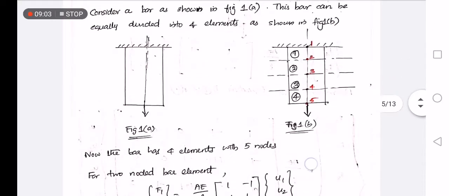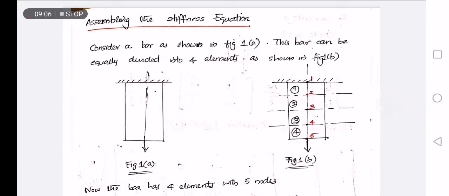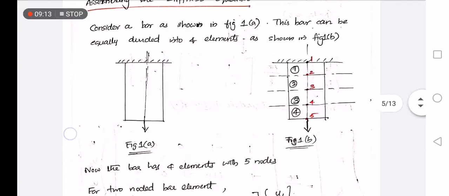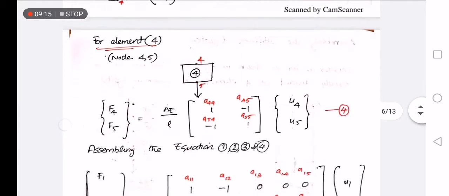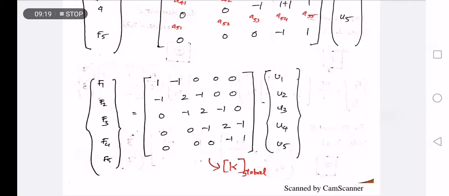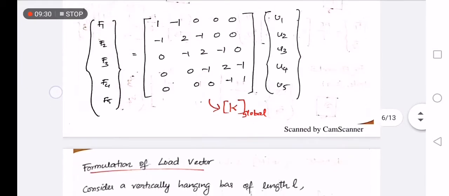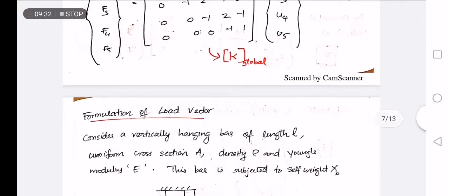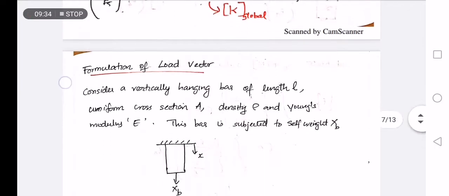Here we discretized the whole structure into 4 elements, and we got 5 nodes, isn't it? So the global stiffness matrix will be 5 cross 5. That's it. So here the load vector or force vector is equal to stiffness matrix into displacement matrix. So how to do the formulation of the load vector?